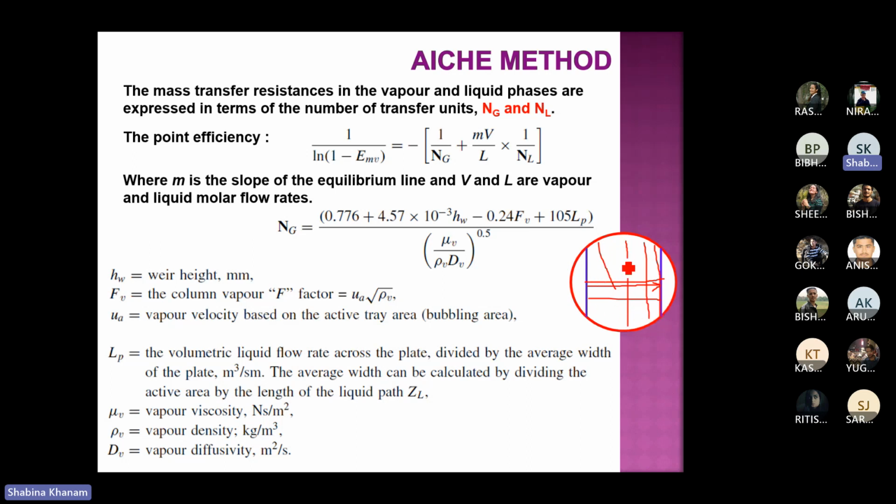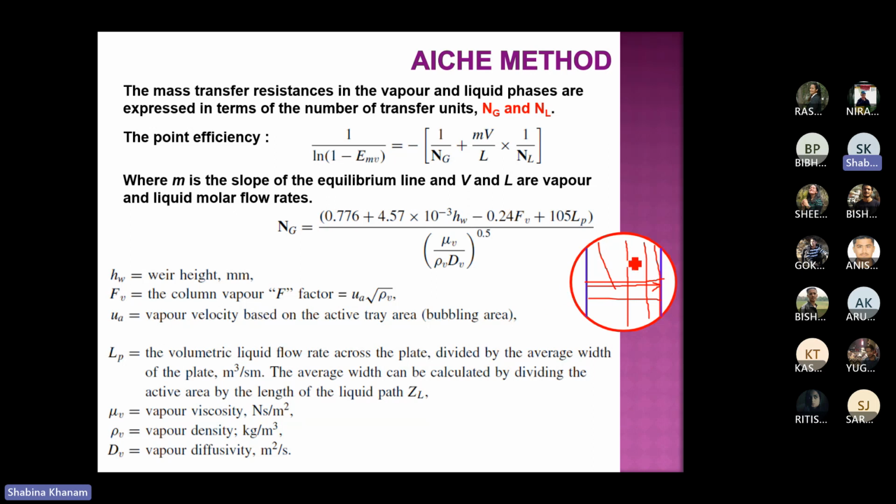So this active area divided by this length gives me the average width of the plate. Okay, average width, why we are considering, because here the width is less, here the width is highest, so we need to find the average width. Now the question is how to find this ZL.